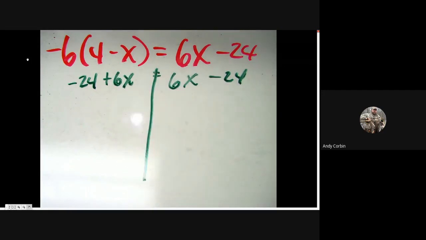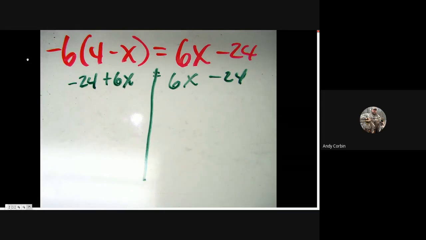So what do you notice about both sides? They're the same. They are. So let's say that you don't recognize that and you just say, okay, I'm going to get my variables together. So I've got to take one of the 6x's and move it, right?